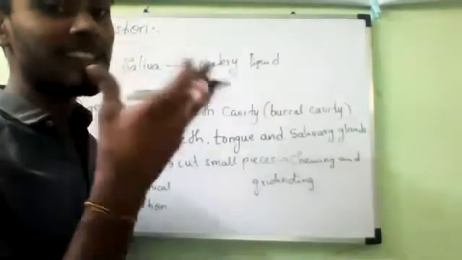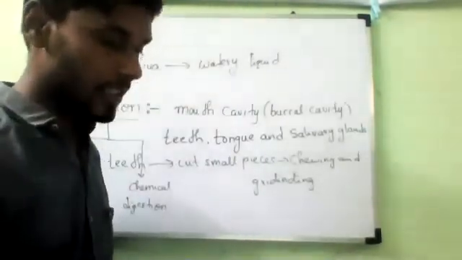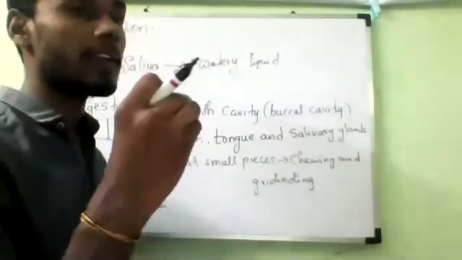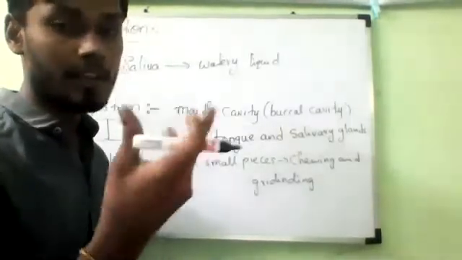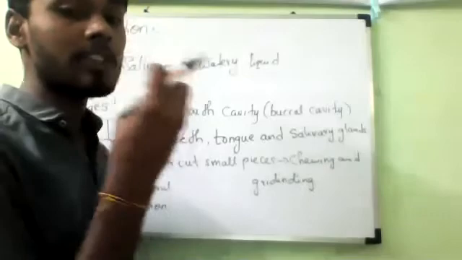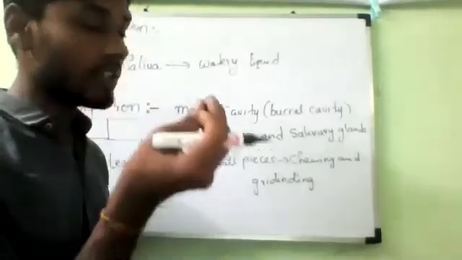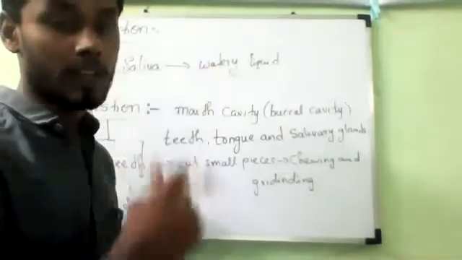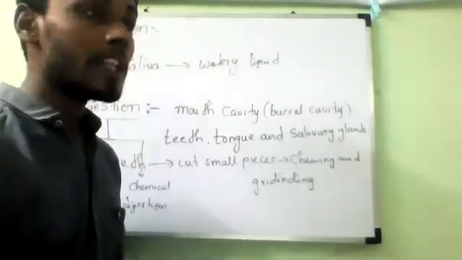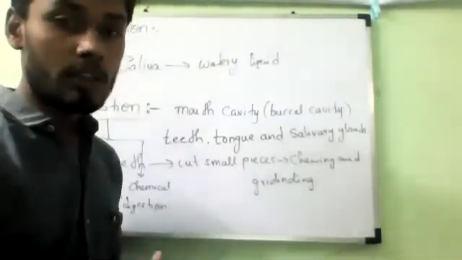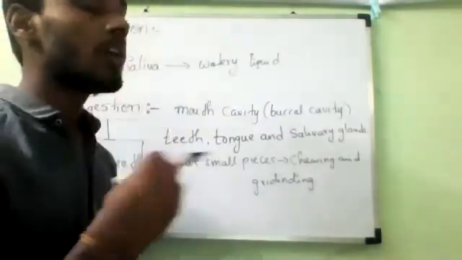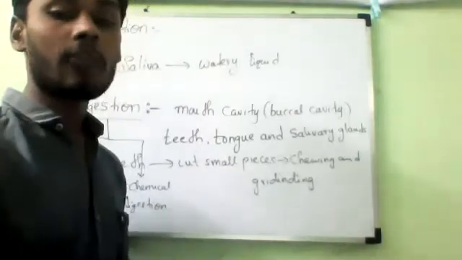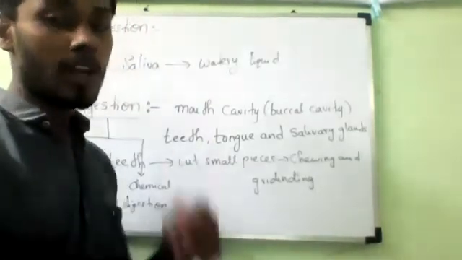So it will wet the food in our mouth. Like when we add water, it comes freely to grind. In the same way, whenever this watery liquid mixes with the food, the food becomes wet in our mouth. So this wetted food can be swallowed more easily compared to dry food, like a powder-like structure.